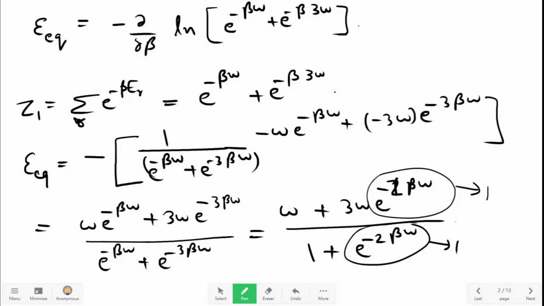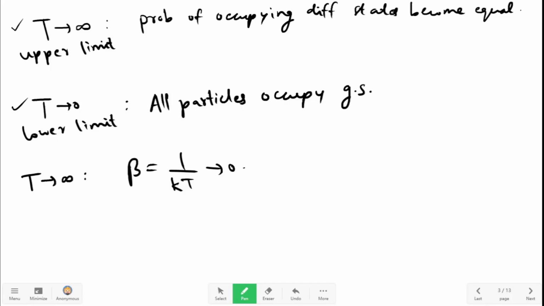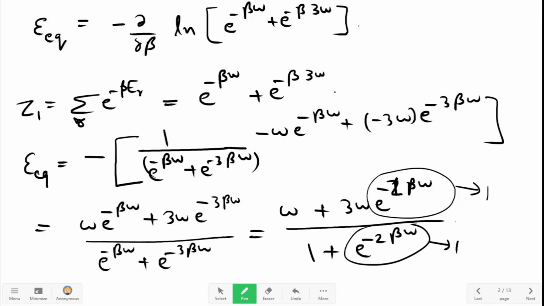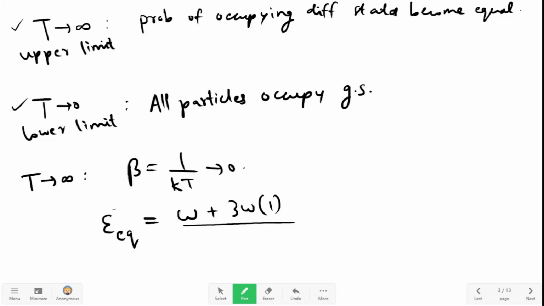Therefore, we have epsilon equilibrium equal to omega plus 3 omega times 1 divided by 1 plus 1. So when beta is tending to 0, we have e raised to minus 2 beta omega equal to 1 by e raised to 2 beta omega, which is tending to 1.